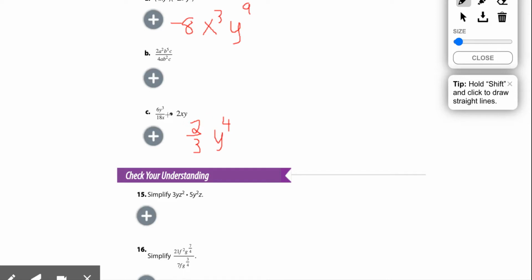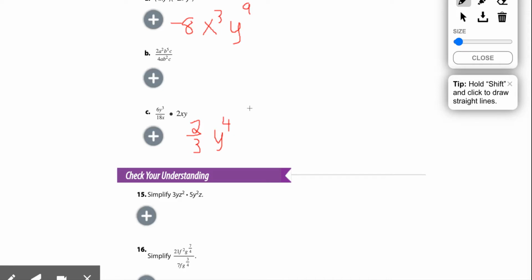We have x multiplied times over x in the denominator. So we're going to subtract the exponents. X to the 1st power minus x to the 1st power.